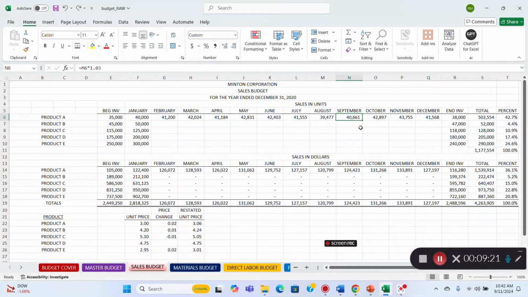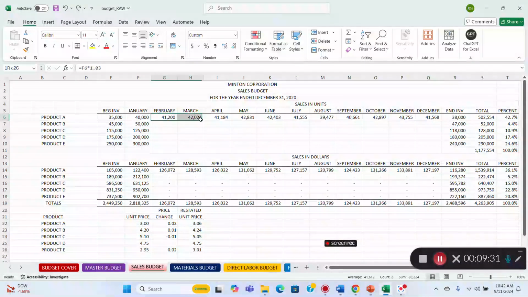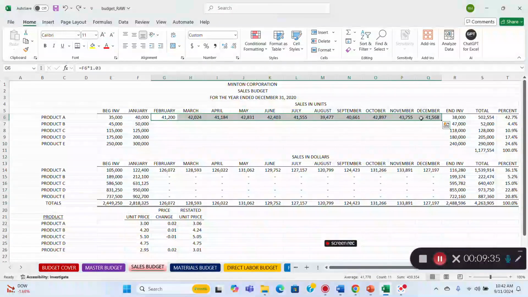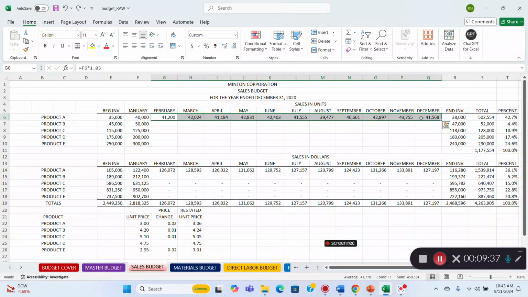Anyway, all of those have some number associated with them, either a plus or a minus versus the previous month. And again, if you were in business, you would look at this very carefully and say, well, when is Mother's Day? When is Father's Day? When is Christmas? And all of those sorts of things that would impact your sales for those months.